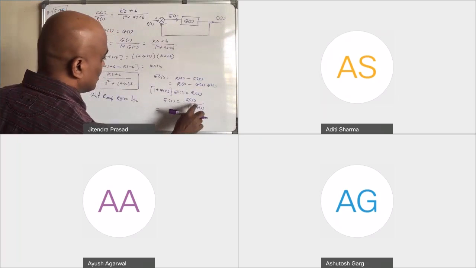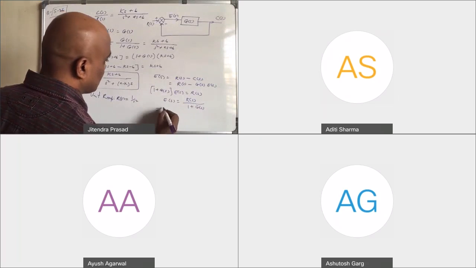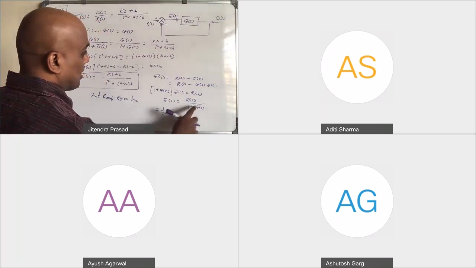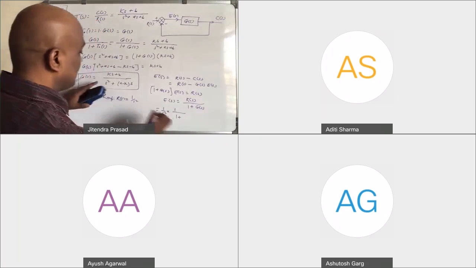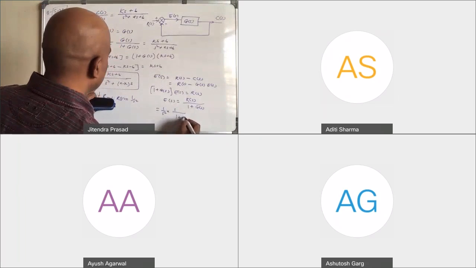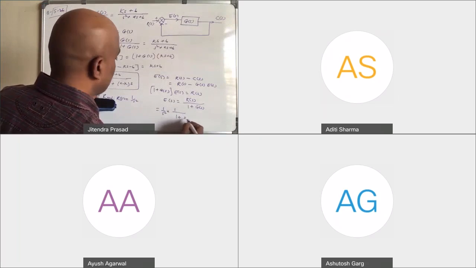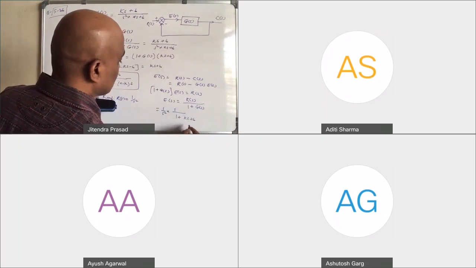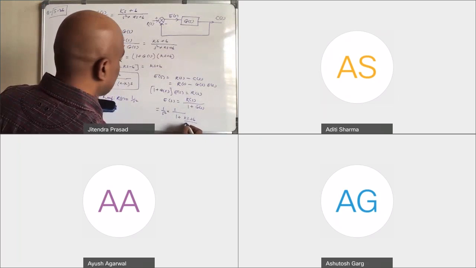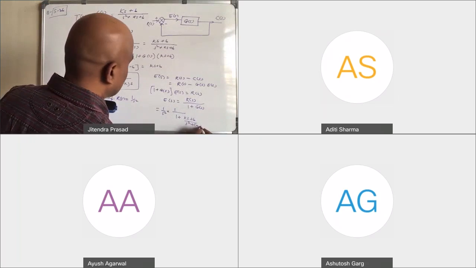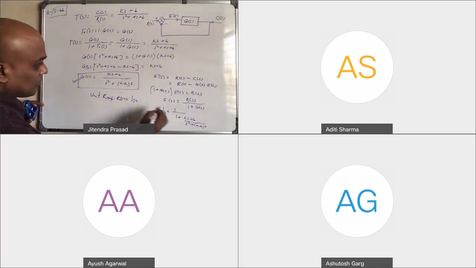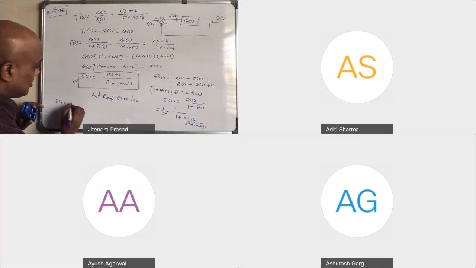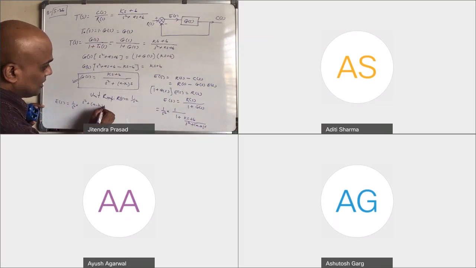So E(s) will be equal to R(s), which is 1 over s squared, multiplied by 1 over 1 plus G(s), where G(s) is (Ks plus b) divided by (s squared plus (a minus K)s).